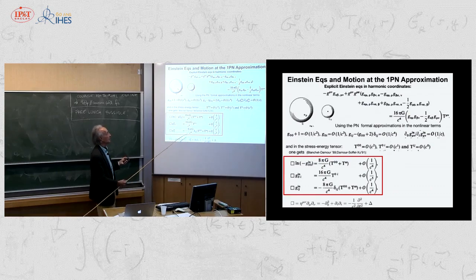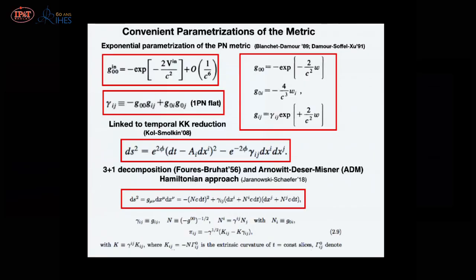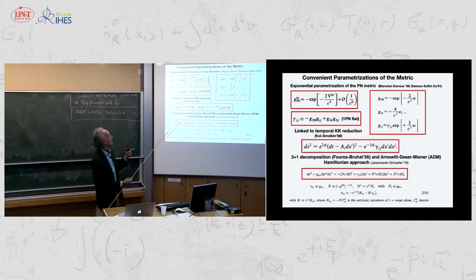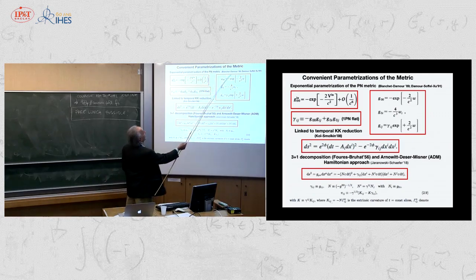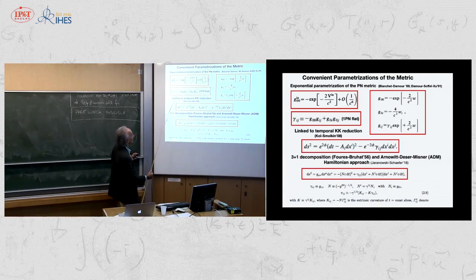But what it means is that if I introduce a parametrization of the metric, if I say, let me not write that G00 is 1 plus a small thing, but that G00 is an exponential of a potential, then this potential will satisfy a very simple equation: D'Alembert of the potential equals something simple. This is something we had done at the end of the 80s, and we also introduced this combination.